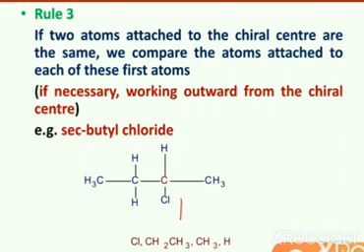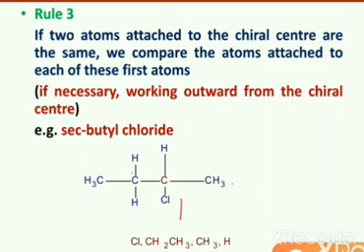If you move to the next priority, we have the two attachments, this and this. Both are carbon. So which will get the most priority? We need to extend further outward from the chiral center.